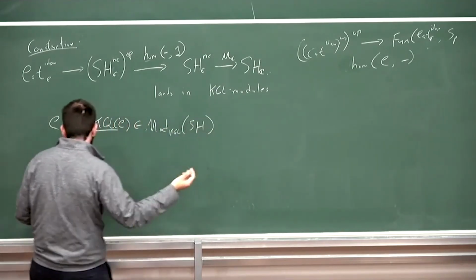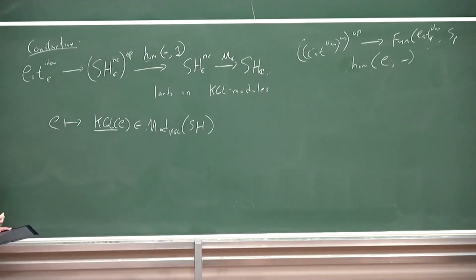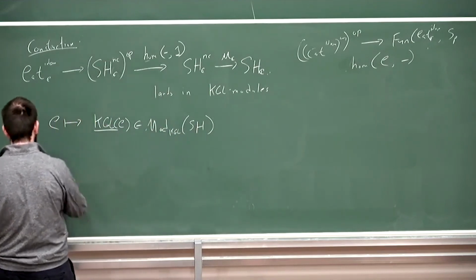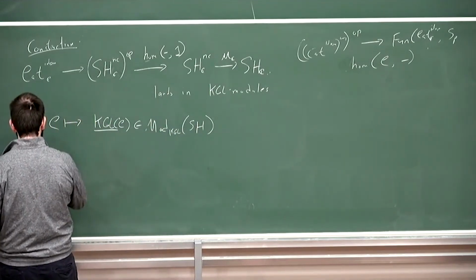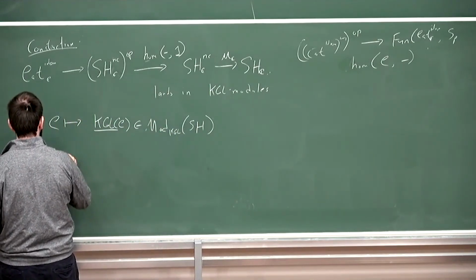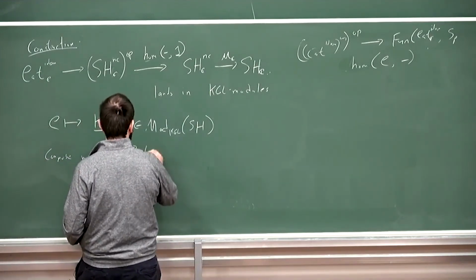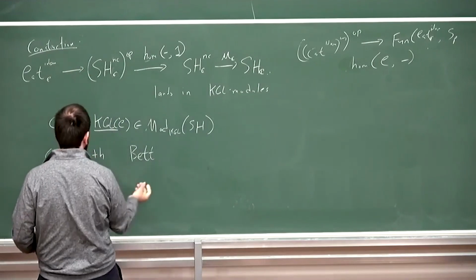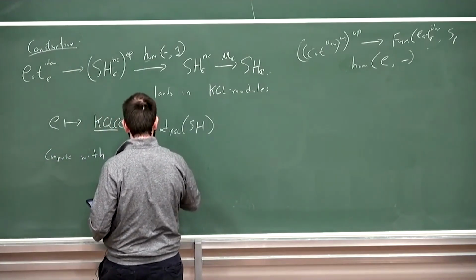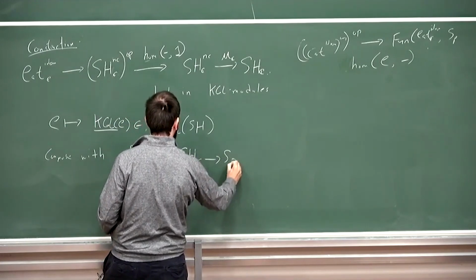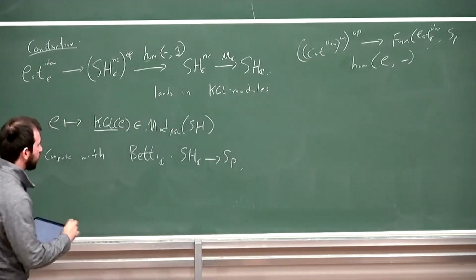And now there's a very easy thing you can do. We have Betti realization from SH landing into spectra, and so compose, which is essentially also induced from this functor of taking complex points. And this gives you topological K-theory of the category.